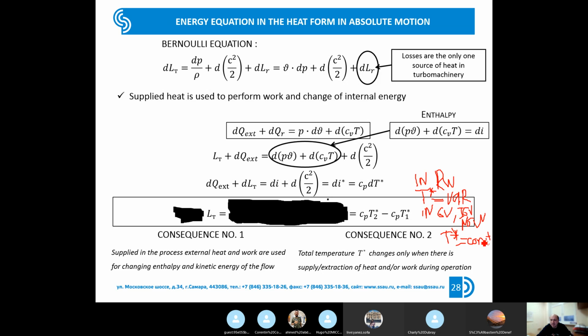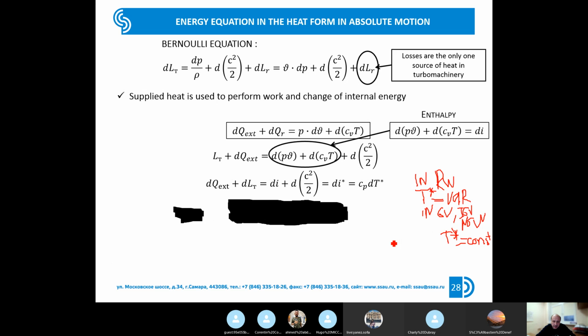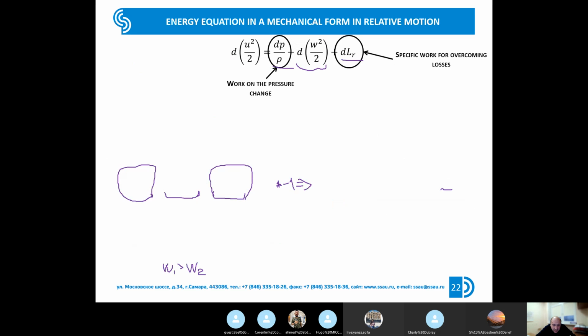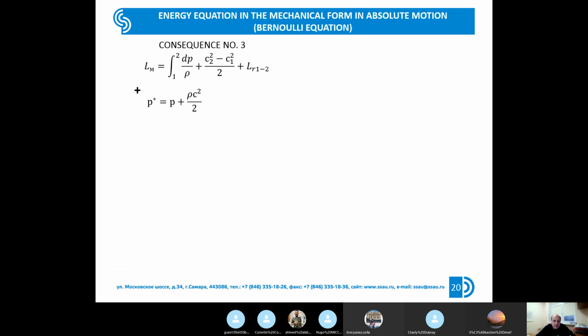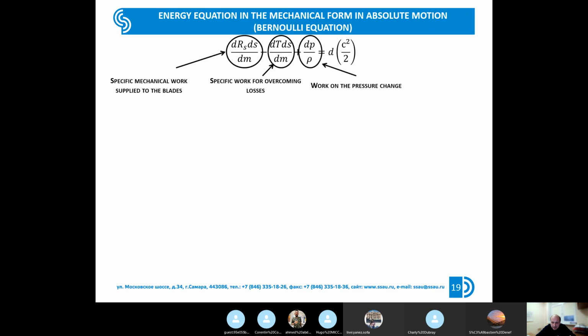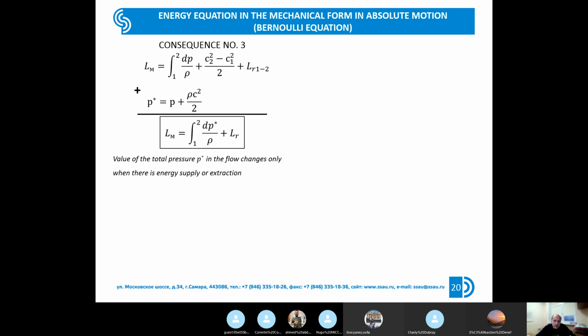If you remember the Bernoulli equation, the changing of the total temperature looks like the changing of the total pressure. But if we return back to the total pressure, you will find two differences between the changing of the total pressure and the total temperature.